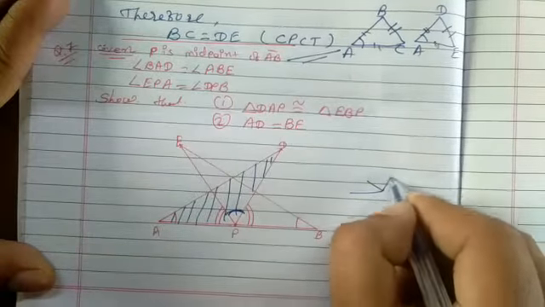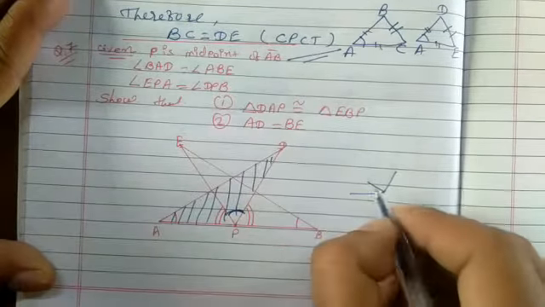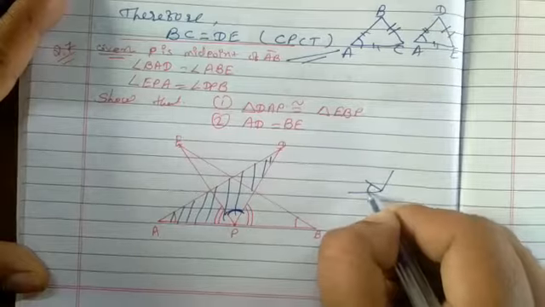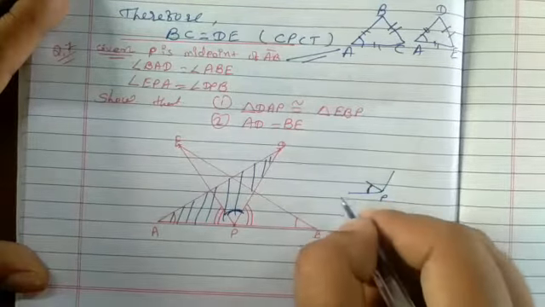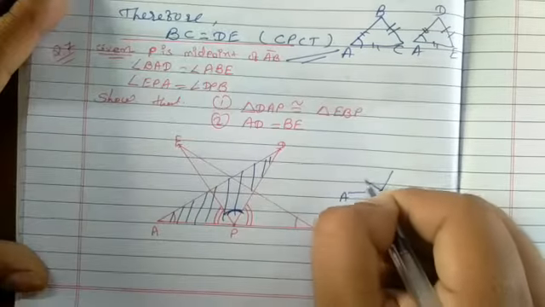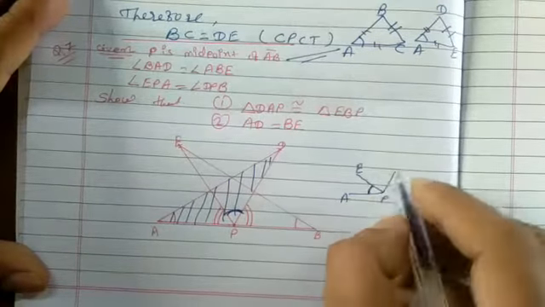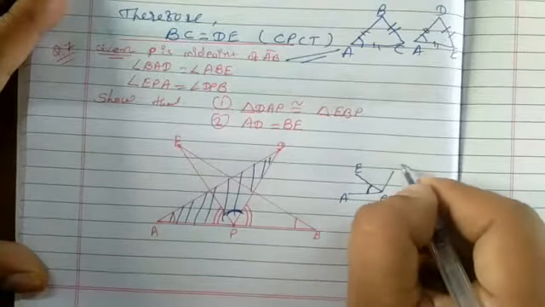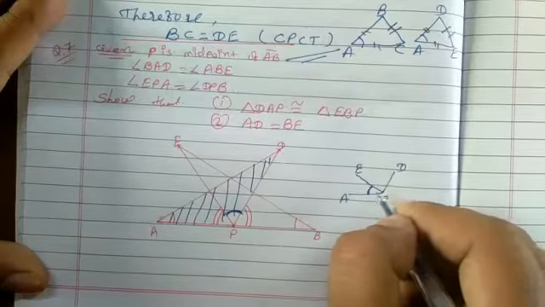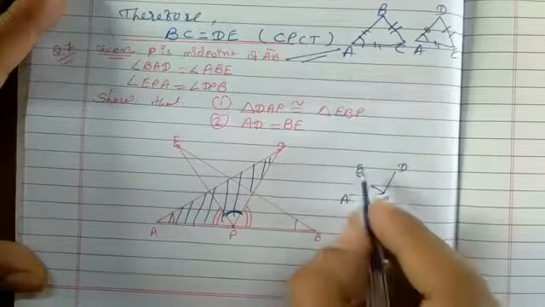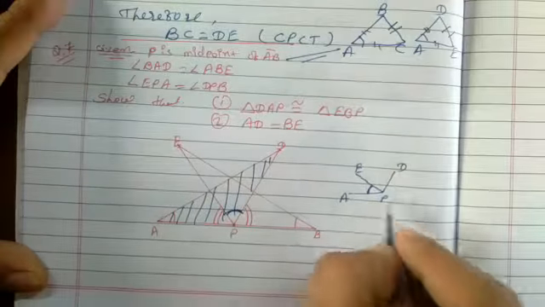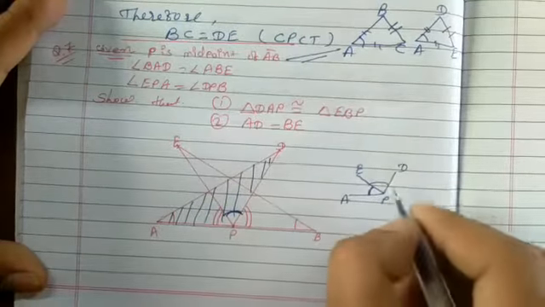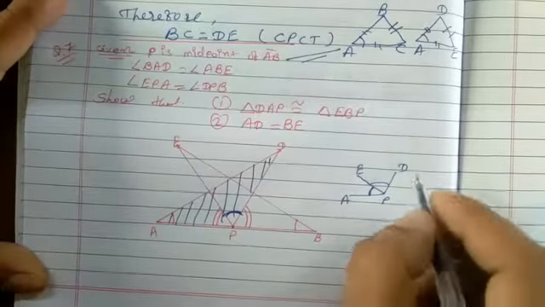Look at here. Here we have this angle, which is called like this, AP, and this is our E. Now this is our D. Okay, so if we add APE plus EPD, then we will find out APD.